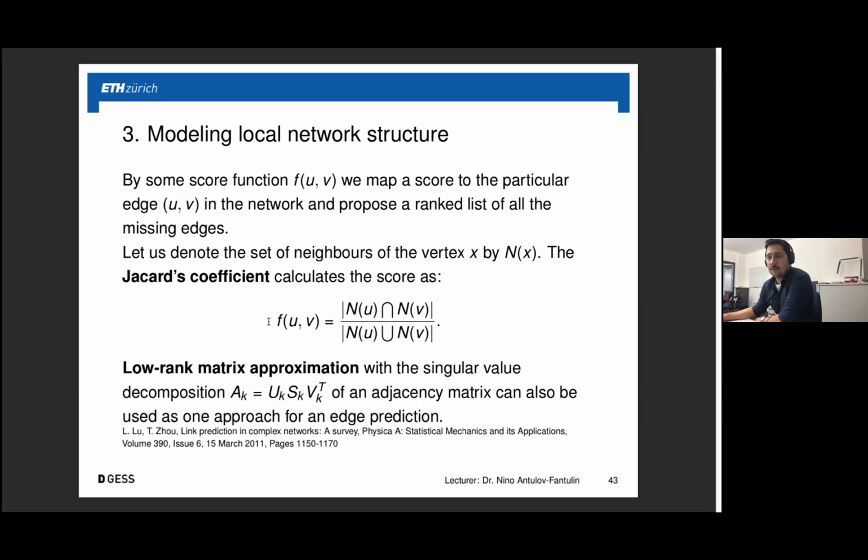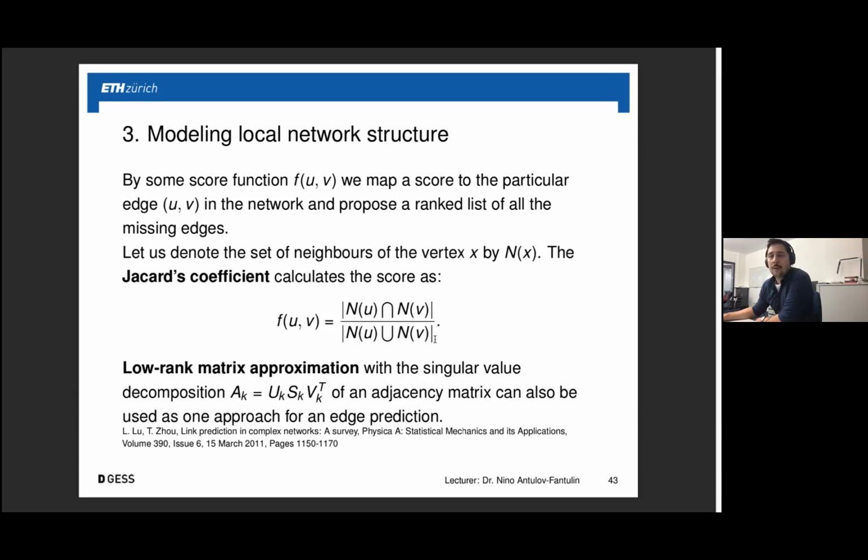It's called the Jaccard coefficient, and what it does is, for an edge uv, to assign a score, you would take the set of neighbors from node u and the set of neighbors from node v, do the intersection of these sets, calculate the overlap, and then normalize it with respect to the union.